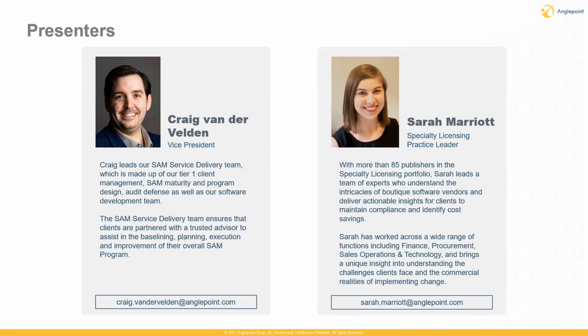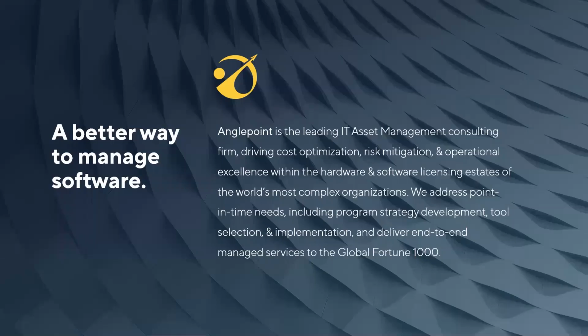My team understand the intricacies of these specialty vendors and partner with our clients to deliver actionable insights to help optimize your estate. And given that companies can have more than 200 different vendors on their books, we can also support in prioritizing these so you can get your best return on investment. So that's just a little bit about us. I'll pass on to Craig to talk about Anglepoint.